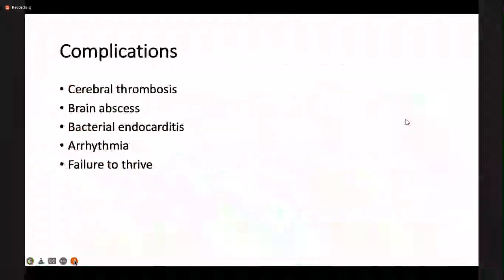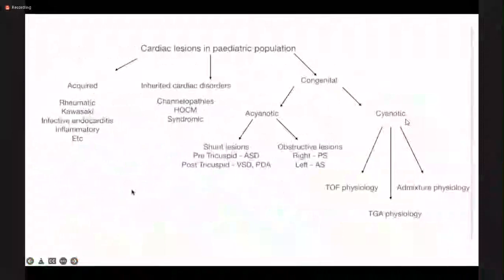So basically, this is what you should know. In cardiac lesions, there are acquired causes and congenital. Under acquired, you should know rheumatic, Kawasaki, infective endocarditis. So these conditions you should know. And then congenital, we can again divide into acyanotic and cyanotic.